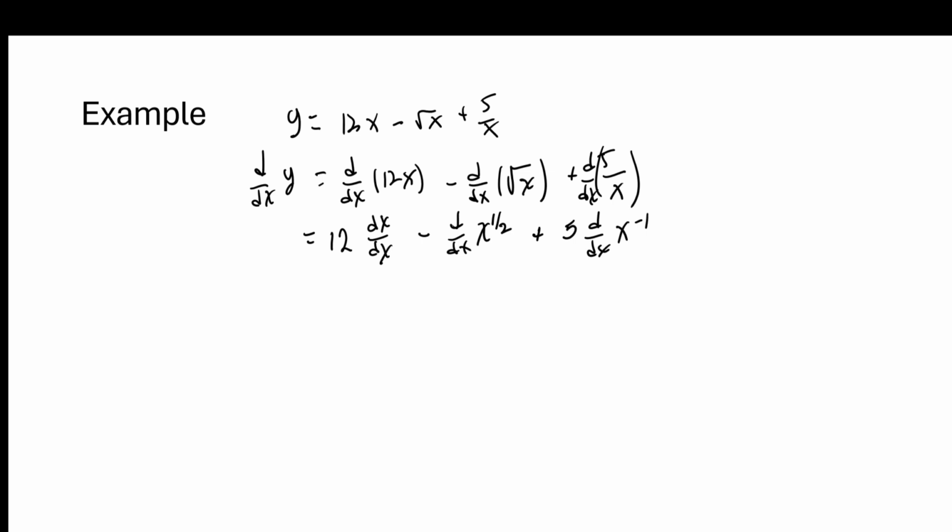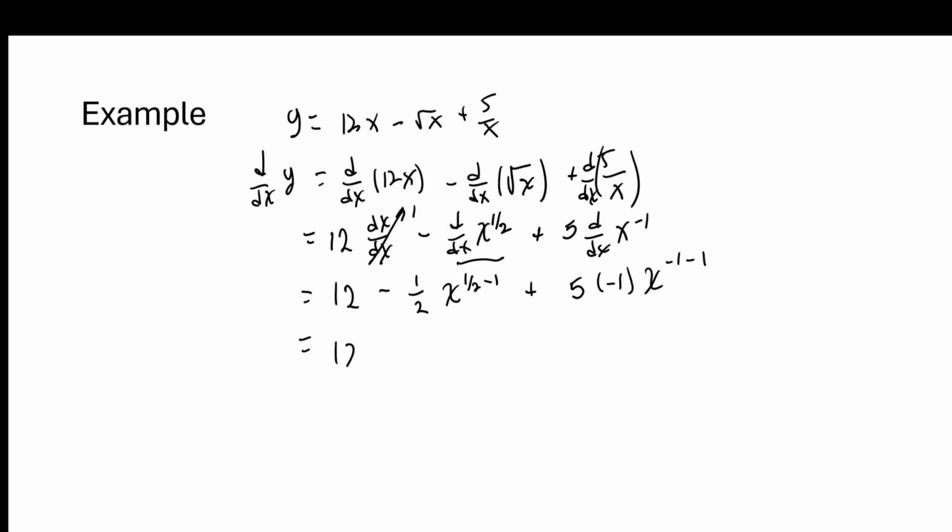So let's do our derivatives. This one we know goes to 1, because the derivative of x is just equal to 1. Now we've got the power function on the second term. Using our power rule, we take the 1/2 out front, x to the 1/2 minus 1, plus 5 times the derivative of x to the minus 1, which is just take the minus 1 out front, and it's x to the minus 1 minus 1.